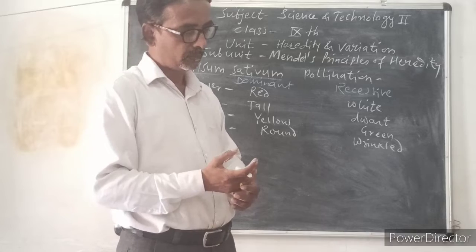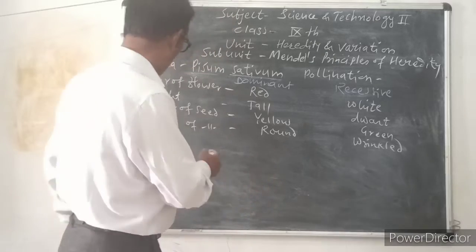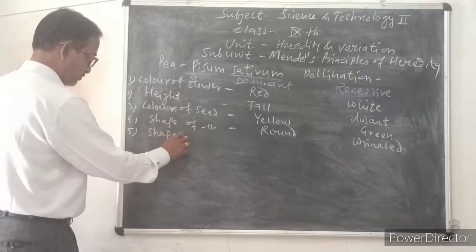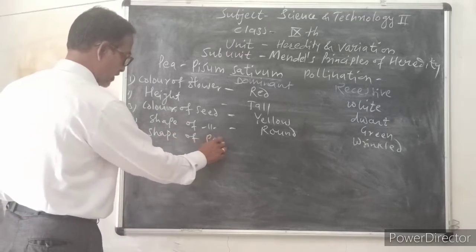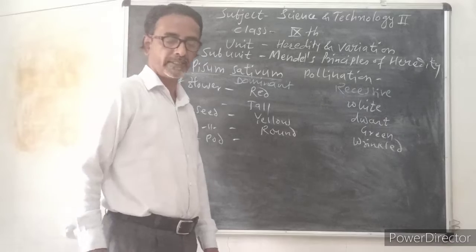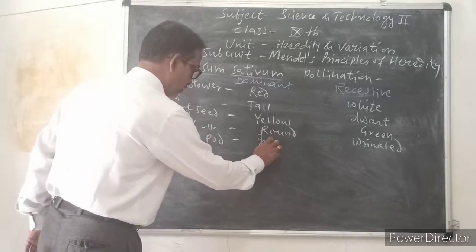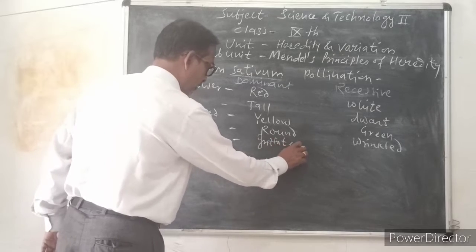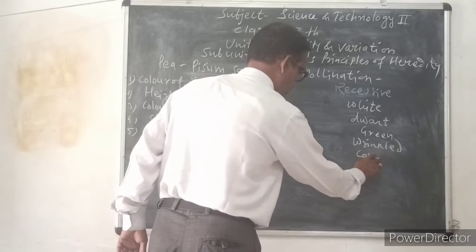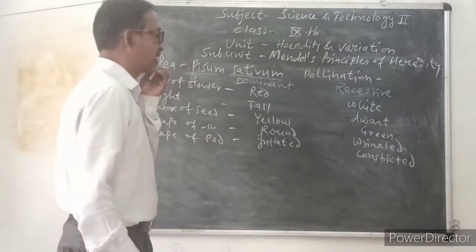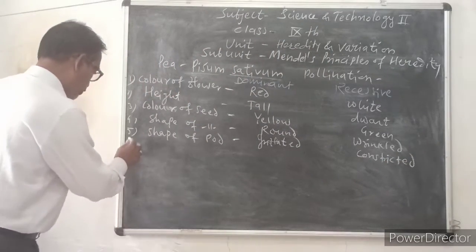Then the next, shape of pod. Pod means the shell, constricted and inflated. So inflated is a dominant character and constricted is a recessive character.